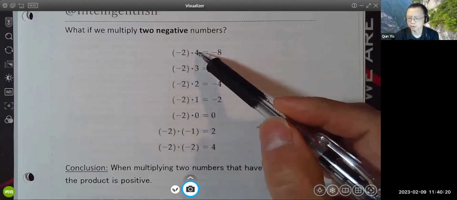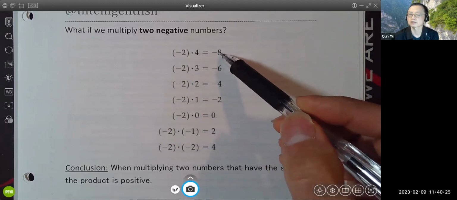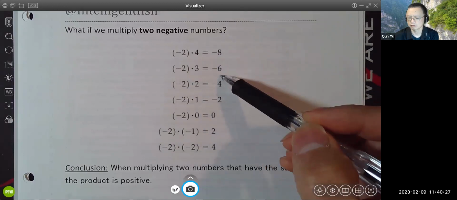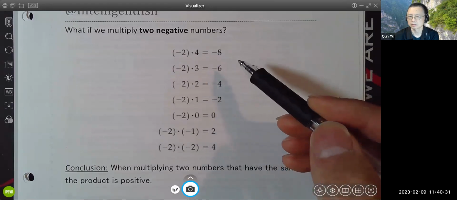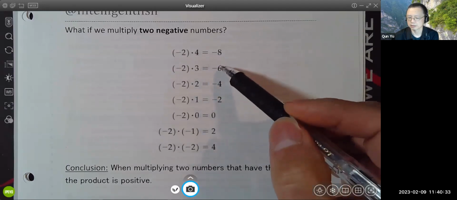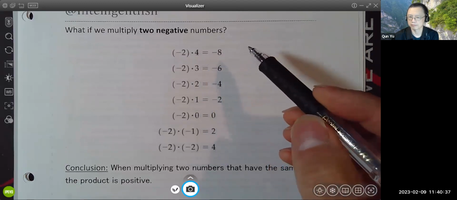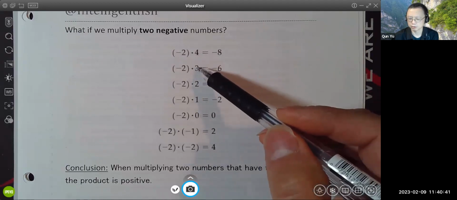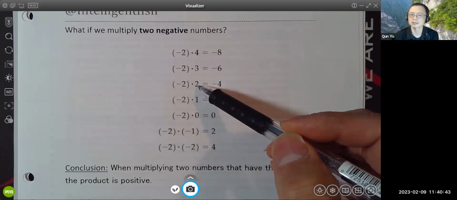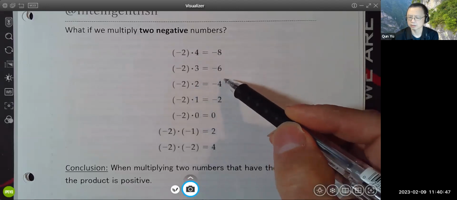So from 4 to 3, reduced by 1, and the result is increased by 2. From -8 to -6, that's increased, since for negative numbers, the smaller the size, the bigger the value. So let's continue from 3 to 2, that's another reduction by 1, and the result is another increase by 2.